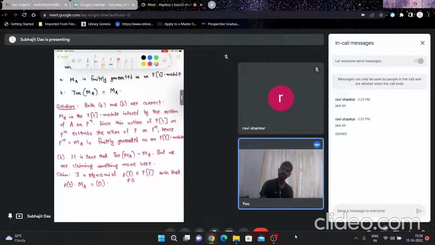Torsion of M_A equal to M_A means that you take any element of M_A, there is some non-zero polynomial which annihilates it. You could take a different element of M_A, you might get a different non-zero polynomial annihilating it. But what we are saying here is that there is a single non-zero polynomial p(t) in F[t] such that p(t) annihilates every element of M_A. We can find a single polynomial which does the job. We don't need different polynomials for different elements. Okay, this is what we are saying here.